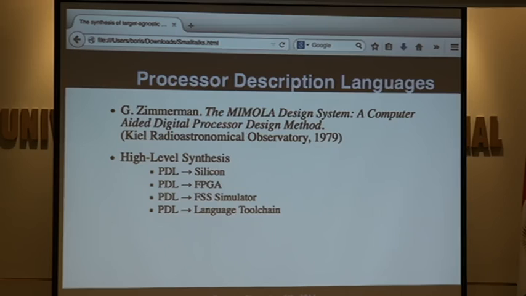There's this thing that has been going on since the late 1960s and was started by Zimmerman, who was not even a computer guy. He was an astrophysicist studying the sun. And they had this radio telescope in Kiel in northern Germany.